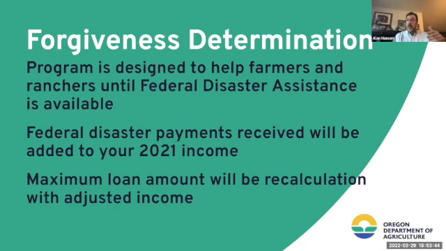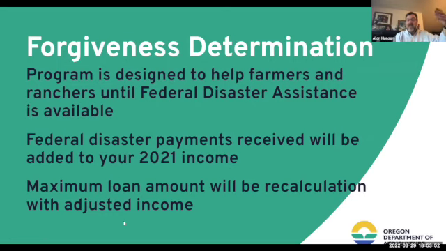So in this scenario, if your baseline is $1 million and you made, for example, let's say $600,000, you would add the $100,000 from the federal government with the $125,000 from the state. And if you're still eligible for the full $125,000 from the state, you wouldn't have to pay the state back. Going back to our $100,000 example where you got a $40,000 loan, if you got $40,000 from FSA, then you would have to pay the entire Oregon portion back.